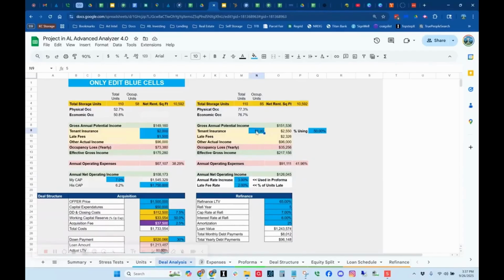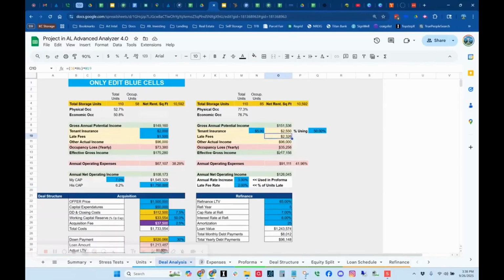Tenant insurance, say we get $5 and we're going to get like 50% of the people using it, and that calculates out to your tenant insurance. Late fees is calculated using this percentage down here. It's 2% of the units that will have a late charge on them.